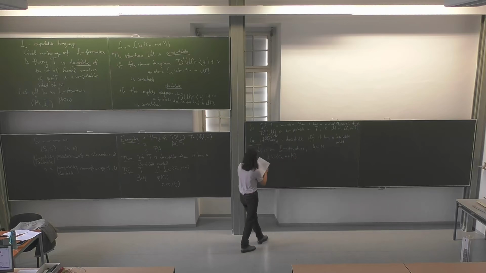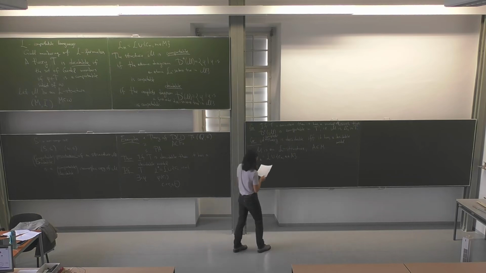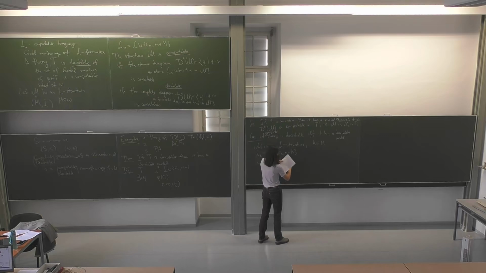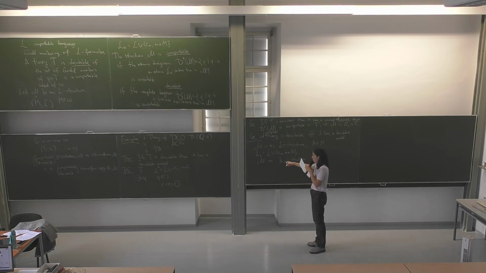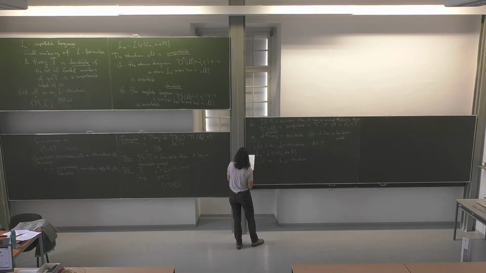So this is a subset of the set above. Basically we can look at this structure M as an L_A structure, and we just interpret those symbols in the obvious way: c_a is interpreted as a. Fine.